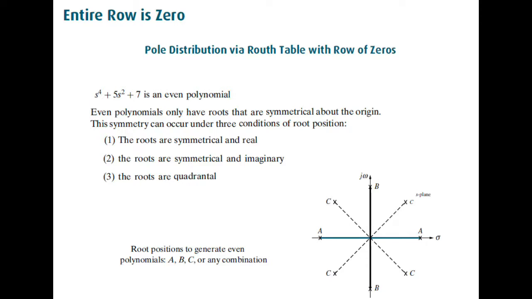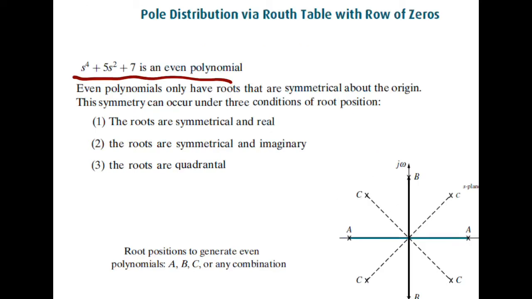Here we see that this one is the even polynomial. It has only even powers of s in this case. Now the even polynomials have roots that are symmetrical about the origin, and this symmetry can occur under three conditions of the root position.